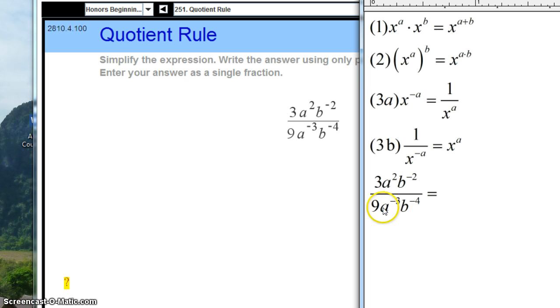So you always kind of want to look and say, we'll just try this, but if you can look ahead and say, okay, well, the sum of these is going to be positive, or the difference of these is going to be negative, try to just think a step ahead, so that you can switch around whatever you need to. So let's do the coefficients first. 3 over 9, that's 1/3, right?